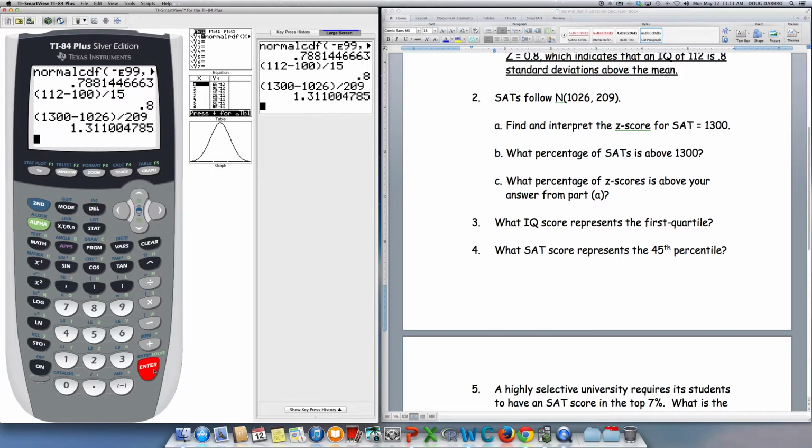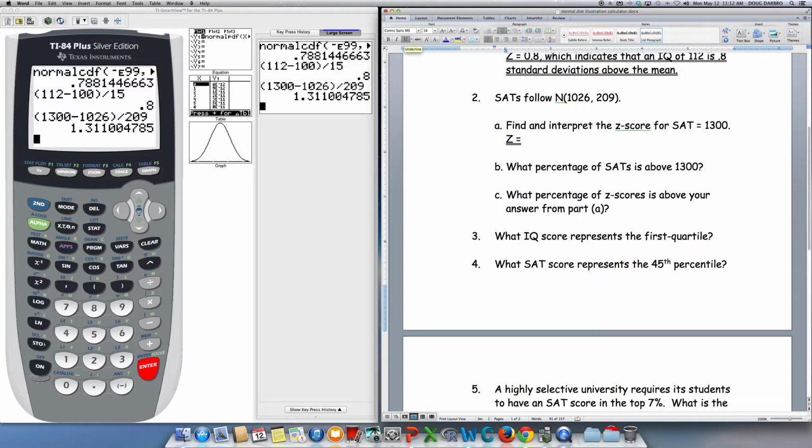Now, a lot of times students will say, well, Dr. Darver, where are you finding that information? Remember, the number that comes first in this notation, the 1026, is the mean, and the standard deviation is 209. So, guys, the answer to part A would be, let's underline again, the Z-score would be equal to 1.31.